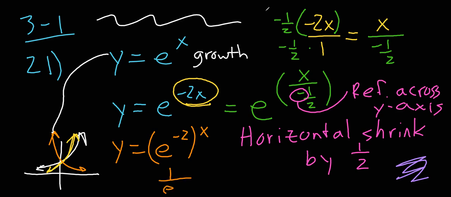Wouldn't that be 1 over e squared? That's going back to your Algebra 2 days, right? That negative exponent causes the base to flip. Now, do you know whether 1 over e squared is bigger than 1 or smaller than 1? Has to be smaller than 1. So that gives you even more confirmation in your mind that you're talking about exponential decay.